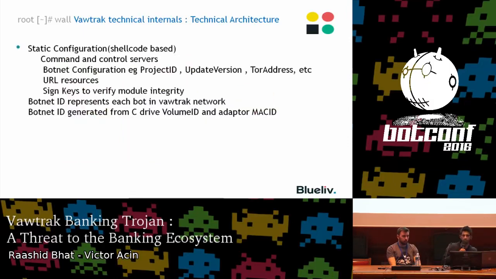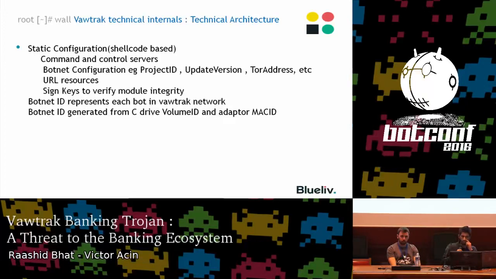So regarding this static configuration buffer, it's basically a buffer in the packed region of the binary, and it consists of certain parameters very important for the malware to run. For example, the command and control servers, the botnet configuration like project IDs, the version, in the earlier version it used DGA addresses, and some cryptographic keys to verify the integrity of modules downloaded.